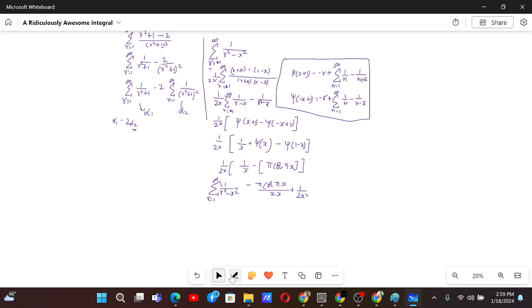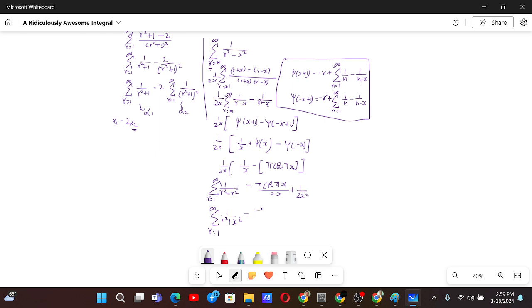Now if the sum goes from r equals 1 to infinity, and it is r square plus x square, in that case you need to substitute x by ix. If you substitute x by ix, this will be i square x square, so this becomes plus.